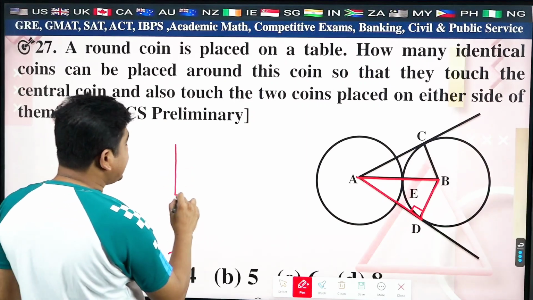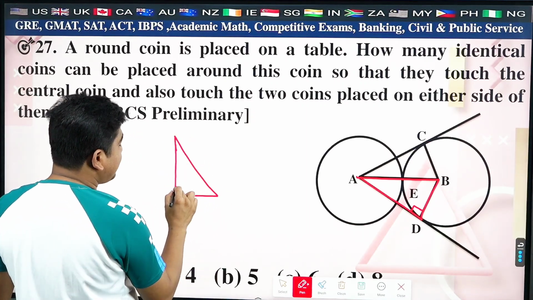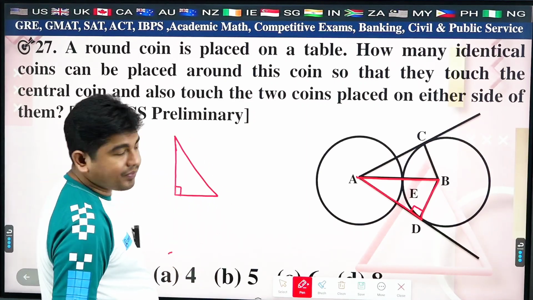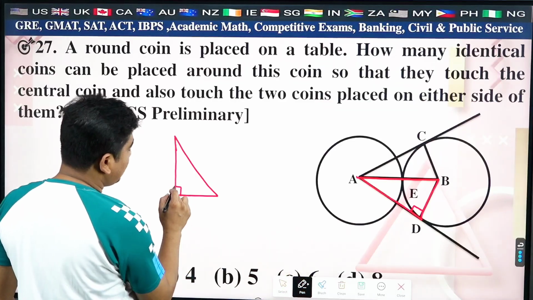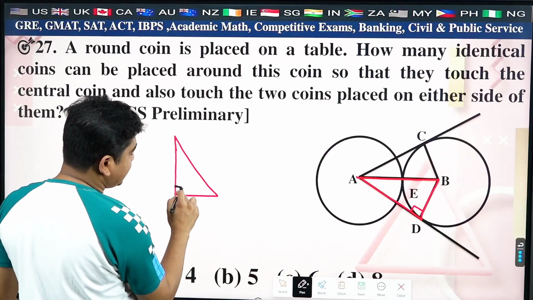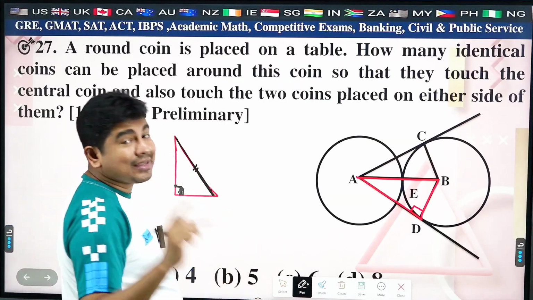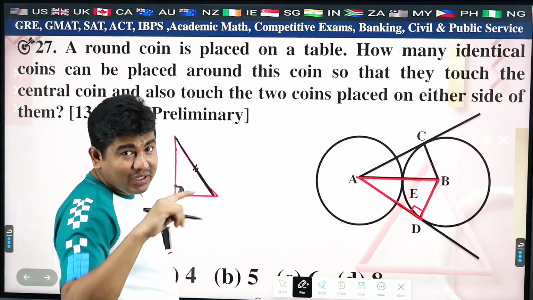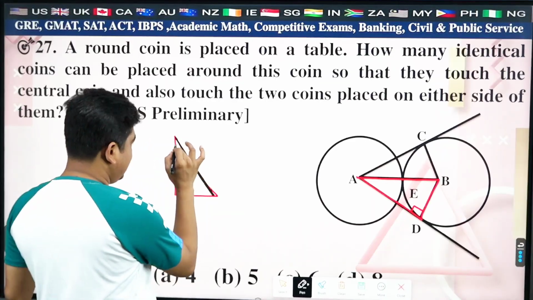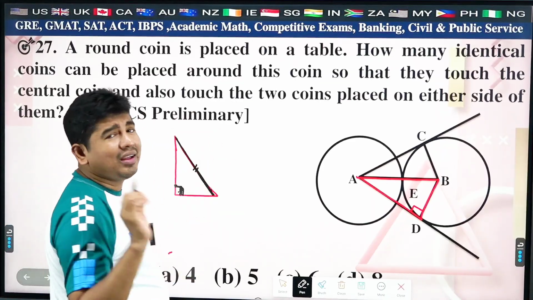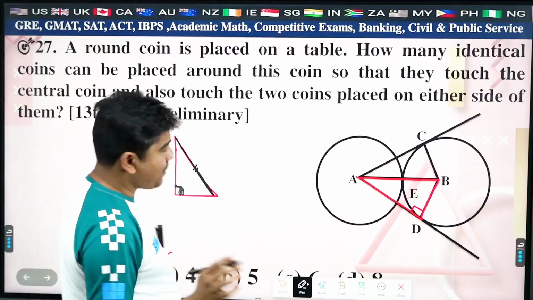In case of any right angle triangle, the hypotenuse, the side opposite the right angle, is the hypotenuse. This hypotenuse is the diameter of the circumcircle. This is a triangle.